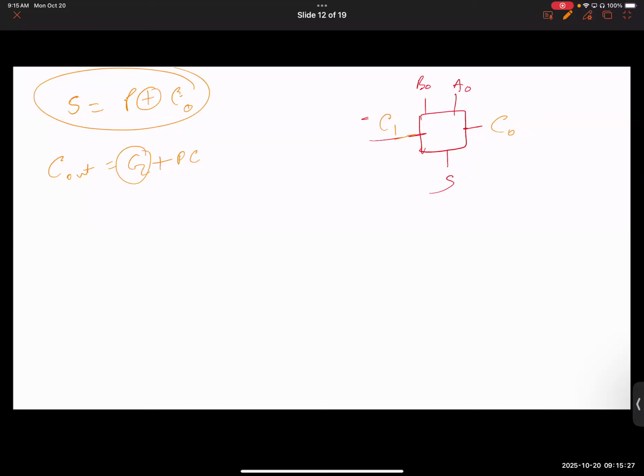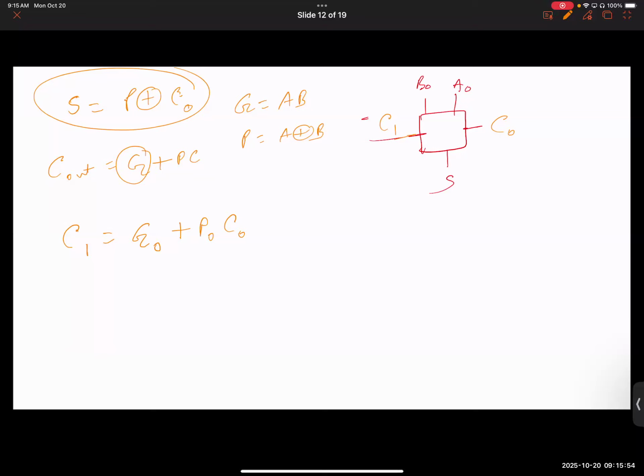What is the generate signal? It is AB. What is the propagate signal? A XOR B. Okay, so can I express C1, which is the output for this stage, as generate for 0th stage, propagate for 0th stage, and carry for 0th stage? Can I do that, folks?